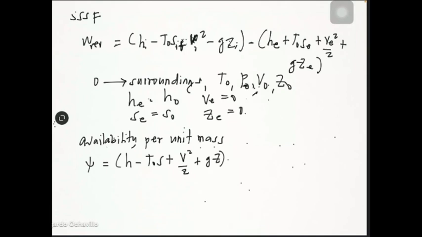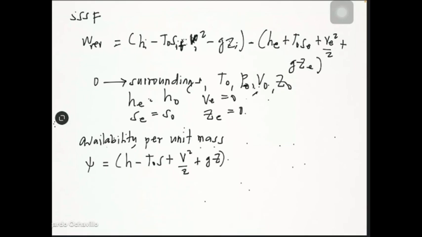So work reversible per mass, this is U minus T0 S minus U0 minus T0 S0 plus P0 (V minus V0). Now we will simplify.